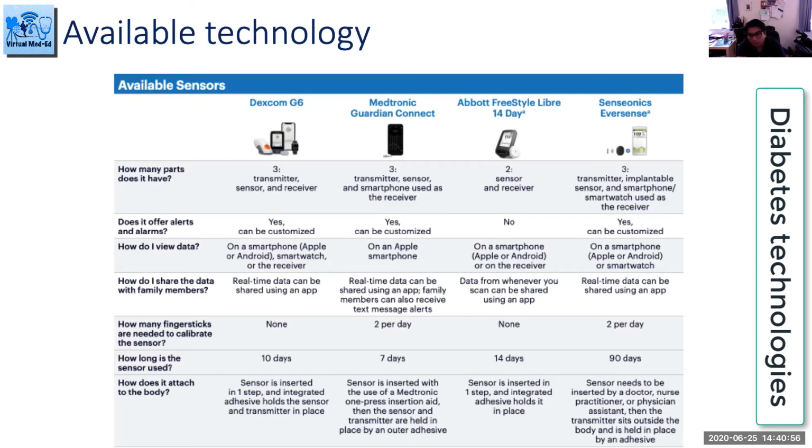Medtronic, on the other hand, would need a minimum of 2 calibrations per day, and the usage is up to 7 days only. Freestyle, no calibration, and you can use it up to 2 weeks, but obviously it doesn't alert you, unlike, from what I've been told, Libre 2, when it comes to the UK, which has some form of alert system. I think it's already available in Germany. And then we also have the Eversense implantable CGM.